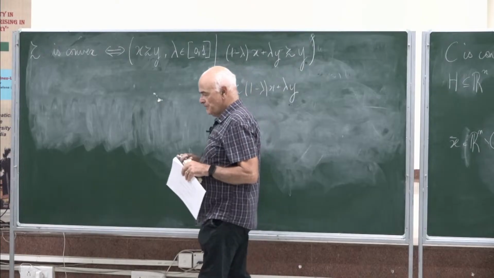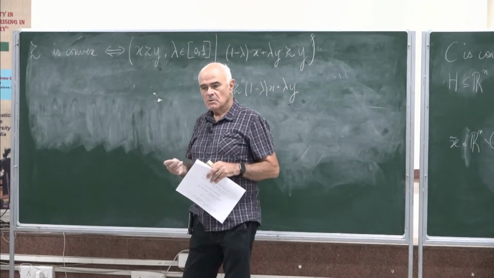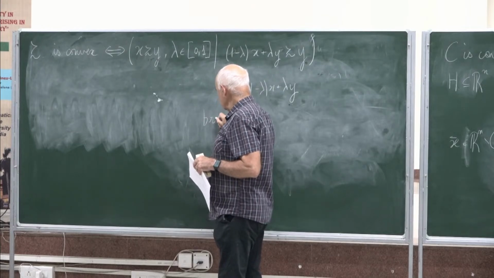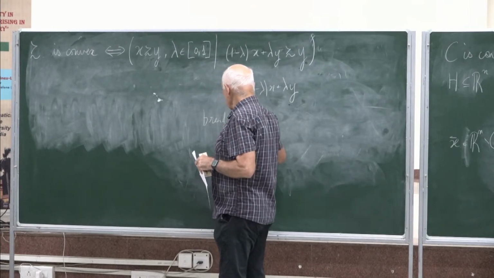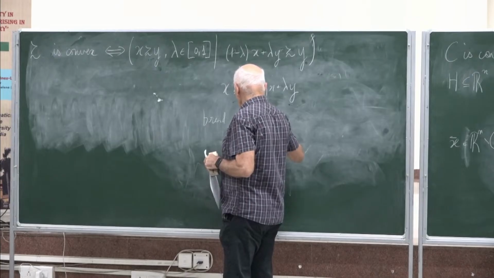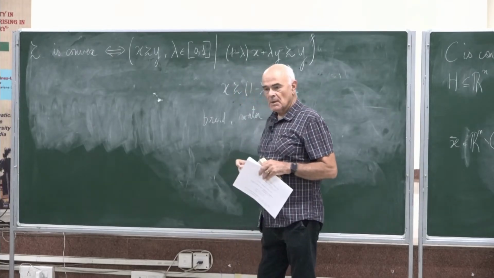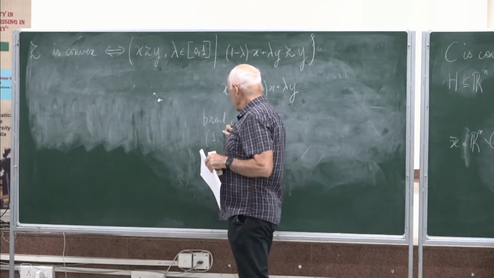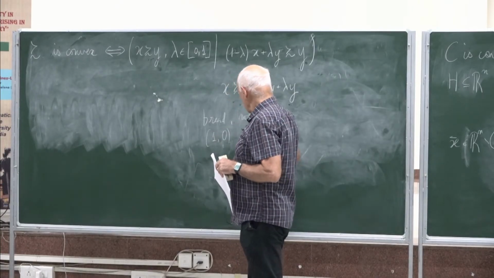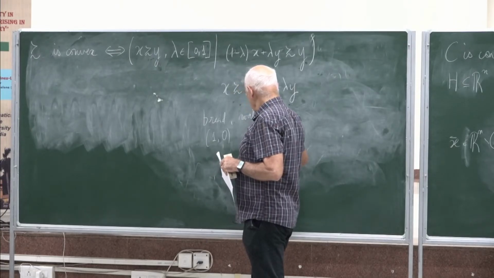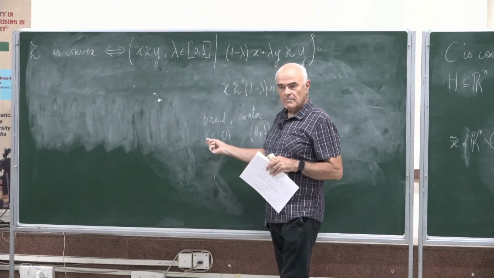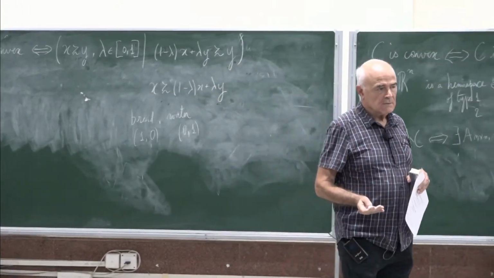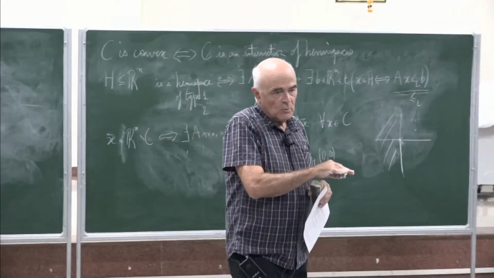So, consider there are two goods, bread and water. And I consider these two vectors. You have 1 kilo bread and no water in one commodity bundle.